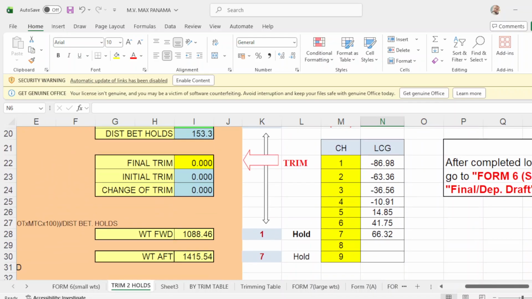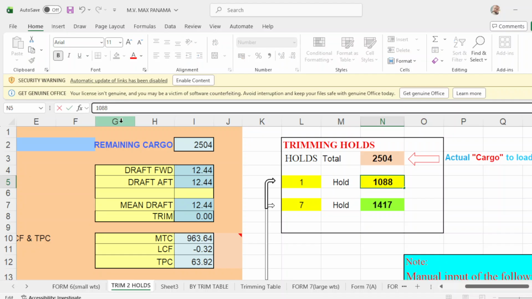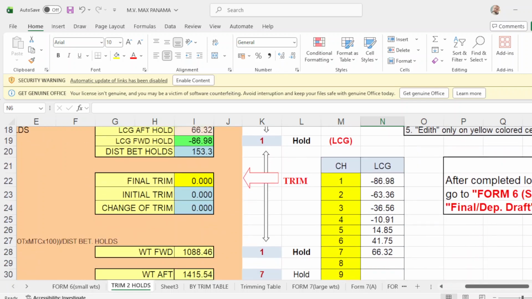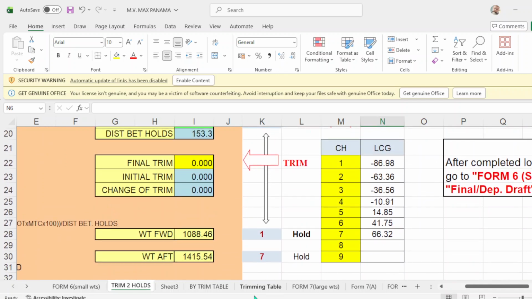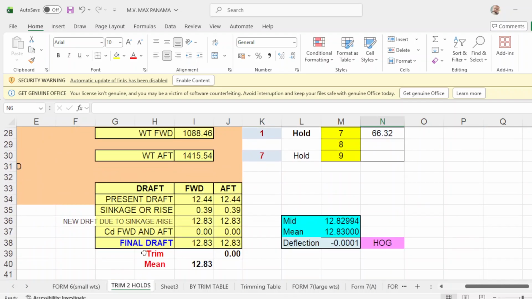And what will be our recommended load in number 1 is 1088. Then number 7 will be 1416. Okay. And your departure draft is 12.83, the same.